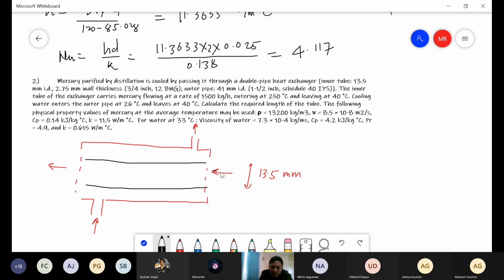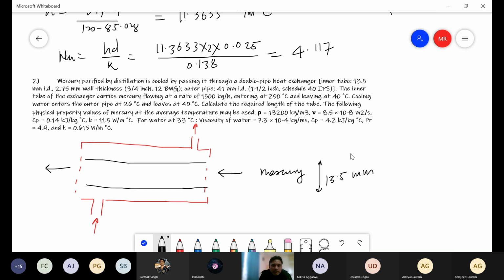I'll show this in a different color so that we are not confused. So mercury is going here, isn't it? Mercury. This diameter is 13.5 mm.